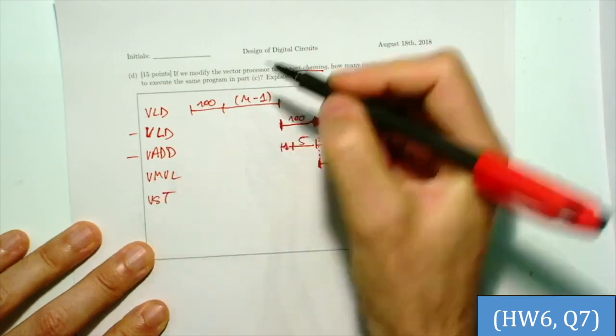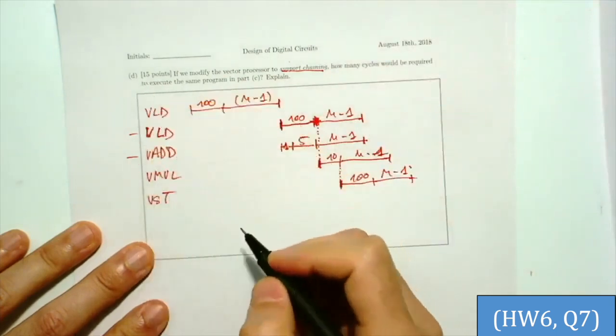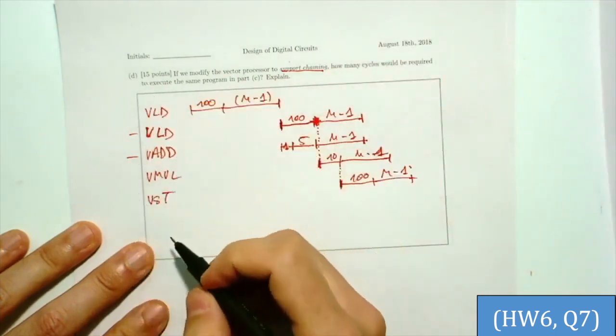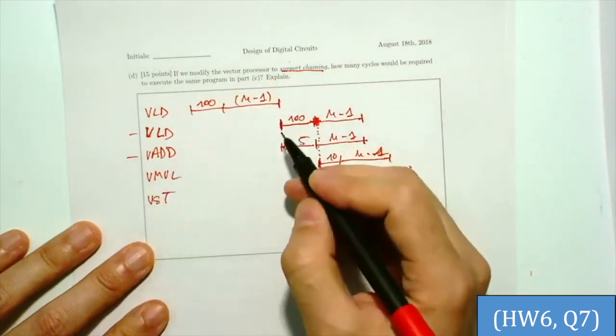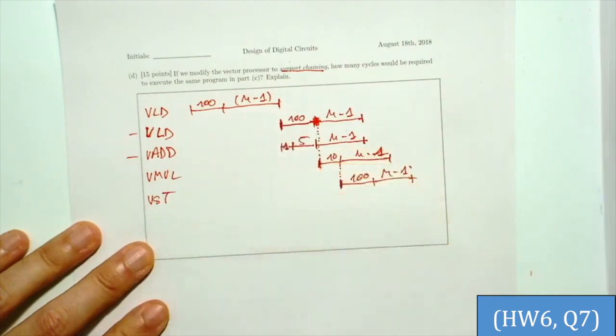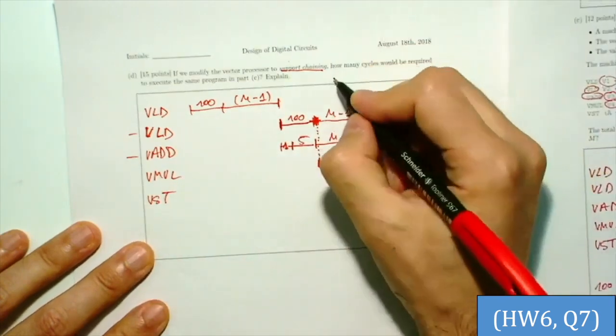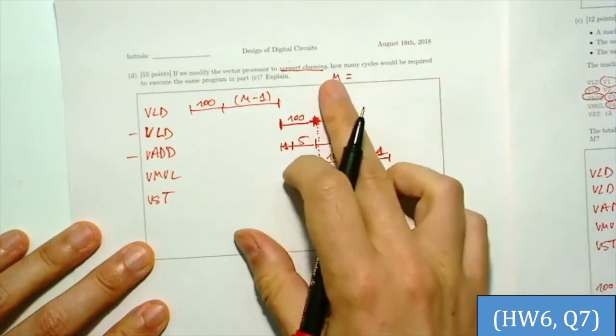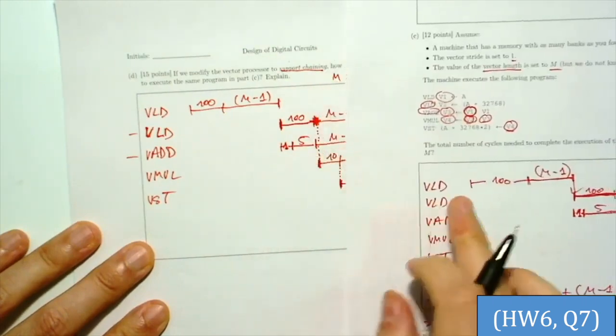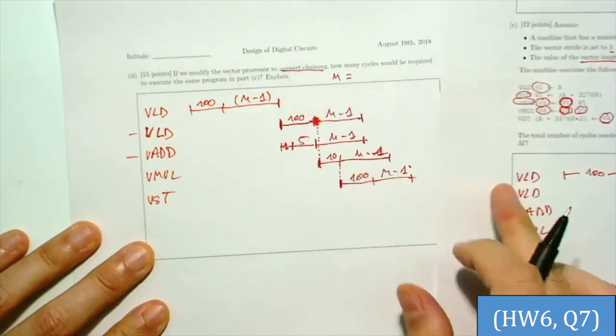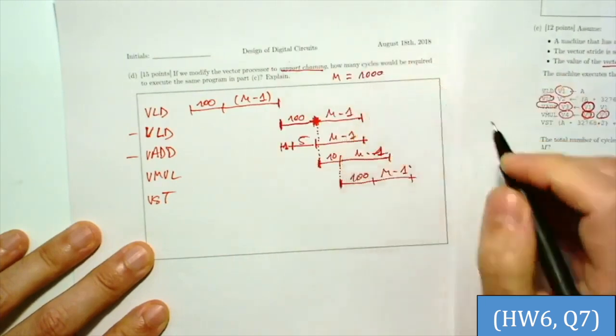So if we formulate this equation, n is the value from the previous question. So n is 1000.